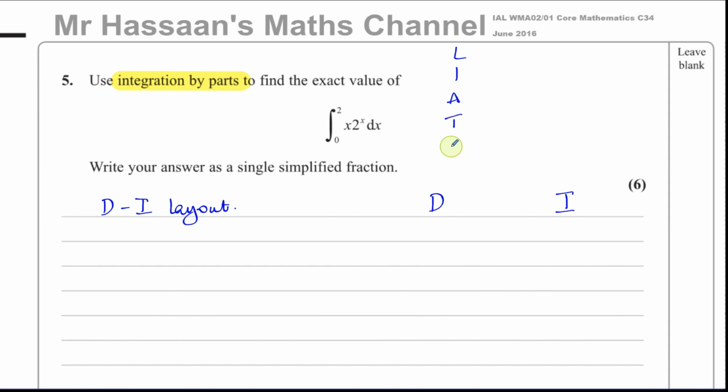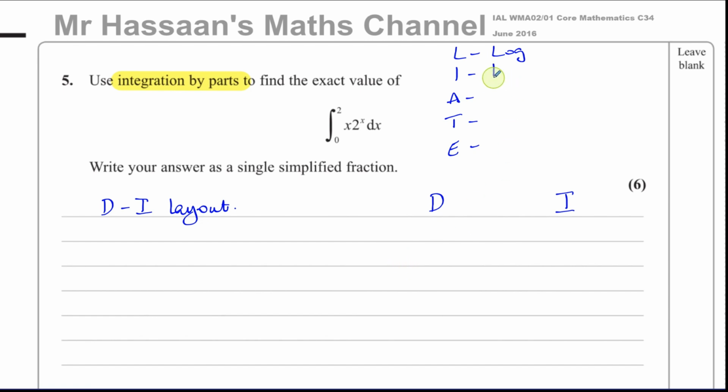Okay, a lot of students like to use this kind of notation here to help us decide what takes priority. This helps us write down what takes priority in the differentiation column. So the first priority goes for log functions like ln and so on. In this case, we don't have a log function.